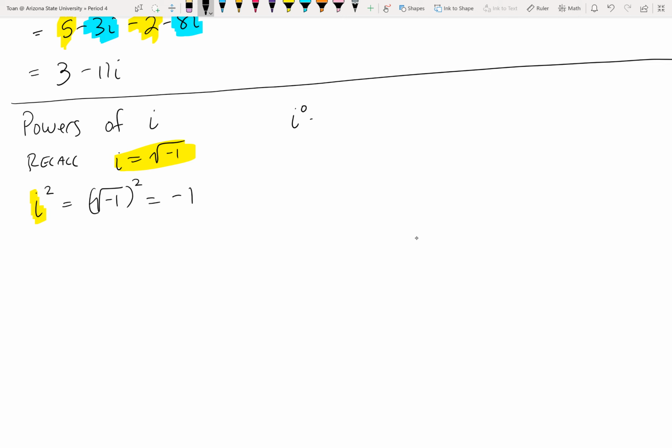So let's start off with i to the 0 power. Properties of exponents: anything to the 0 power is 1. i to the 1st power, anything to the 1st power is itself. i squared, we just did, is negative 1.